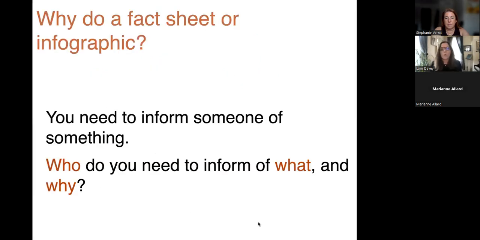So why do we even do infographics? What are we trying to do? Well, the only reason you should do one is because you need to inform somebody of something. And this one or two pages could be a really good way to do it.